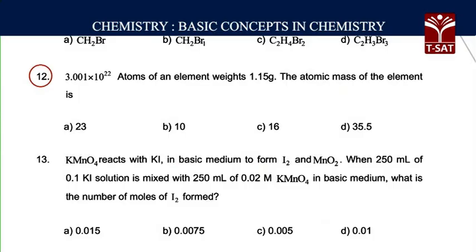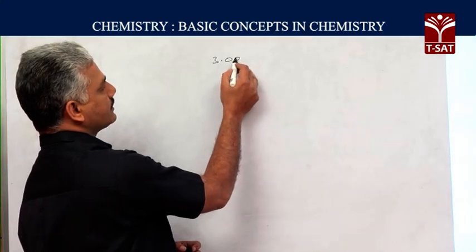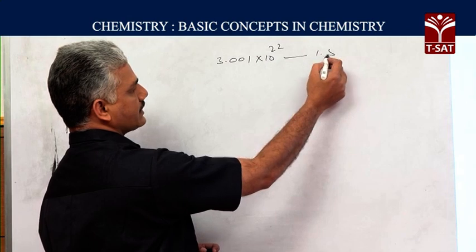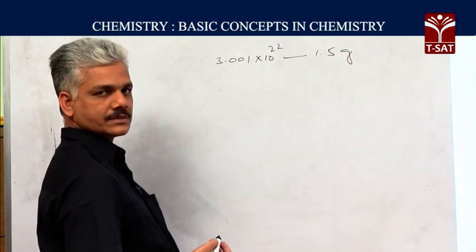3.001 into 10 power 22 atoms of an element weigh 1.15 grams. The atomic mass of the element is. The atomic mass, also called as atomic weight, actually represents the weight of 1 mole of atoms. 3.001 into 10 power 22 atoms weight is given as 1.5 grams.